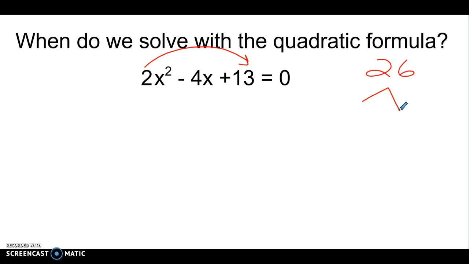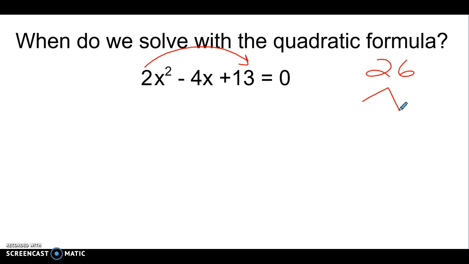Well, we could do 1 and 26, which either adds up to 27 or negative 27. What other factors of 26 do we have? Yeah, the 2 that we just multiplied. So what's 2 plus 13? 15. Are we getting to negative 4 anyway? No, it's not possible. So the way we solve a quadratic when it doesn't factor is the quadratic formula.